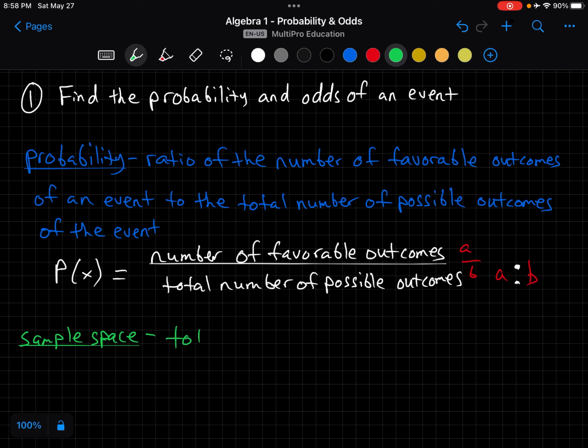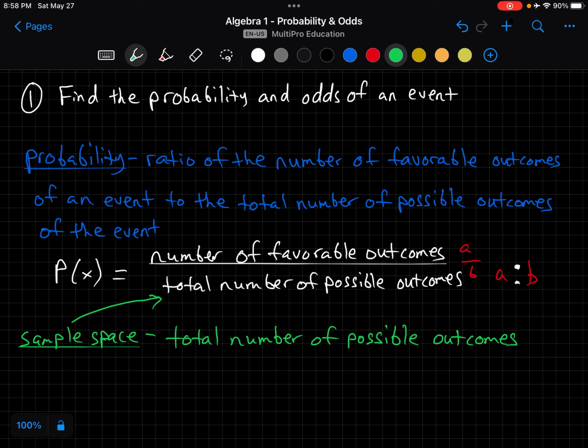This is the total number of possible outcomes. Wasn't that what we just said down here in the denominator? That's right. That is what we said.